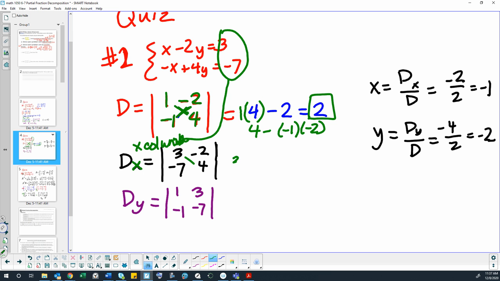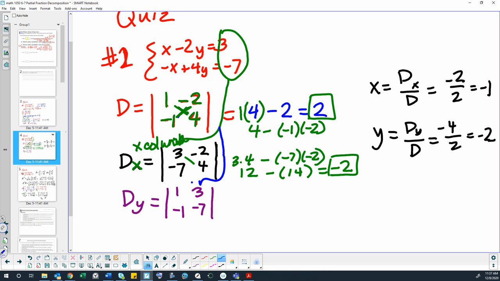Okay, so now we do our determinants again. So 3 times 4 is 12, and -7 times -2 is 14. 12 minus 14 is -2, so there's dx. And then we have this one where we replace the y column with our constants, for our dy value.